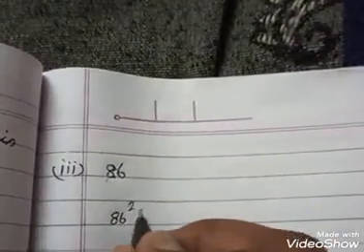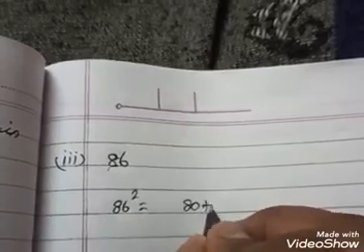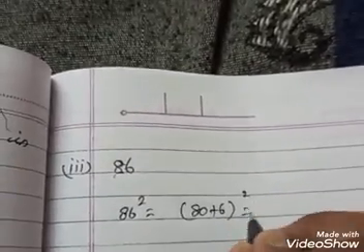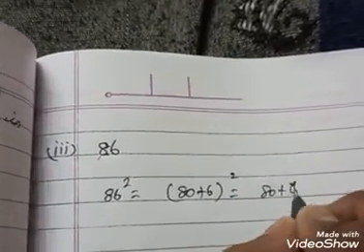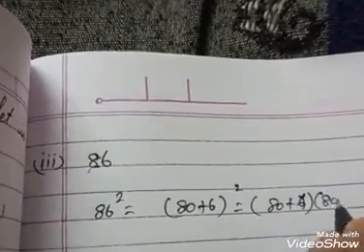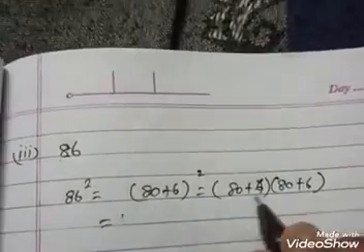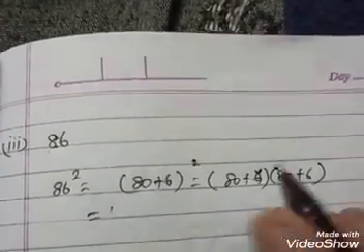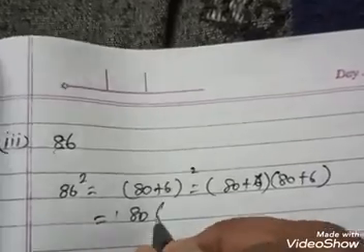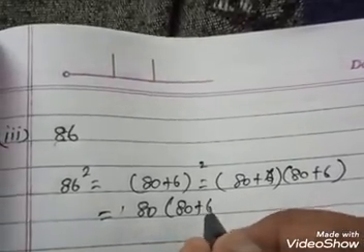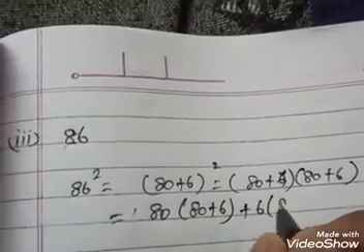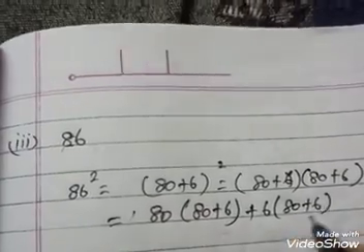So we need to find 86 square. It can be split as 80 plus 6 whole square. So 80 plus 6 into 80 plus 6. So this is the format. 80 can be multiplied with both. So 80 into 80 plus 6, plus 6 into 80 plus 6.